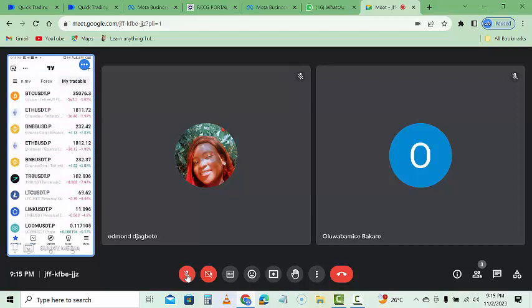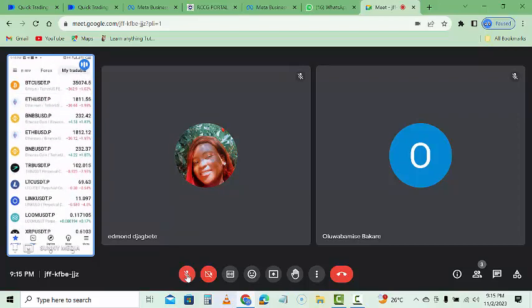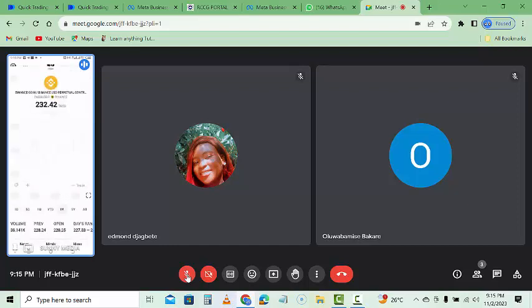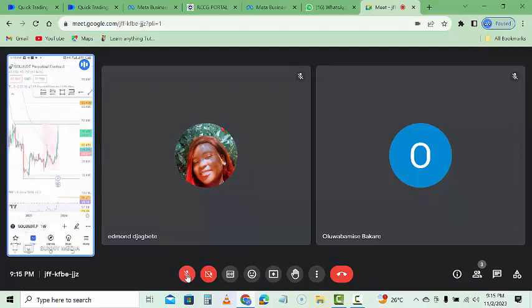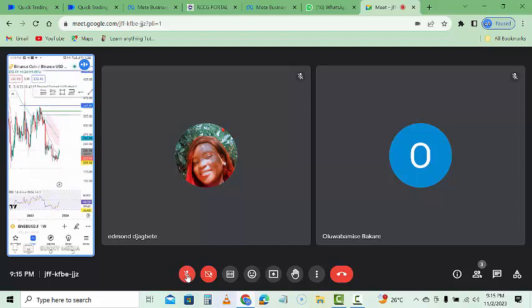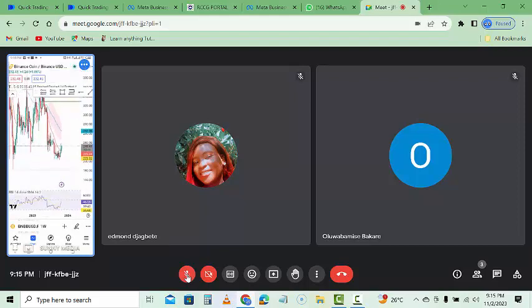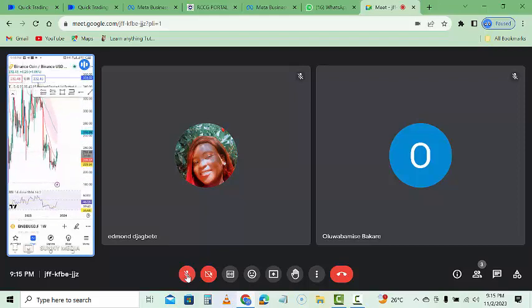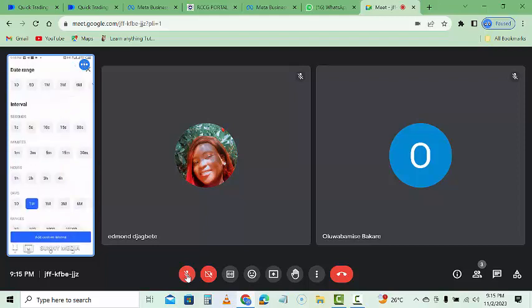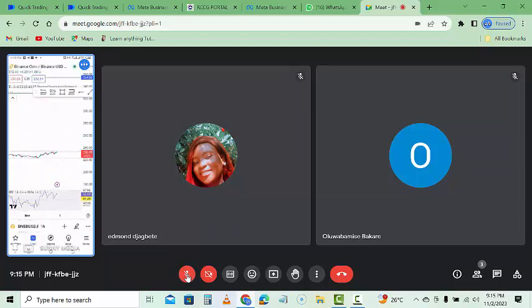Then, which other coin pumped yesterday? BNB is pumping now, and I'm interested. Let's see what is happening there. On the weekly, it's also recovering to an interesting zone. Let's go to the 1 hour.